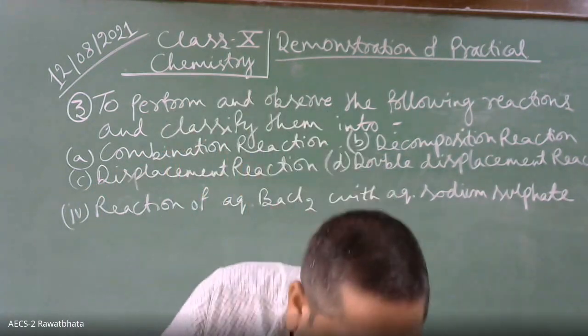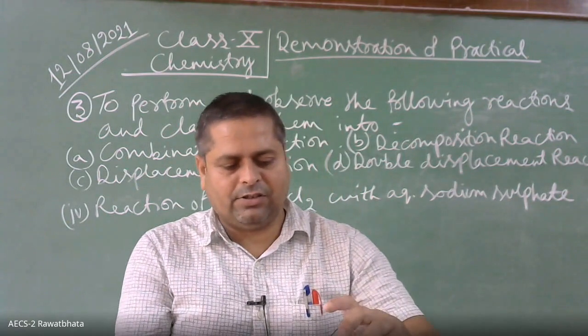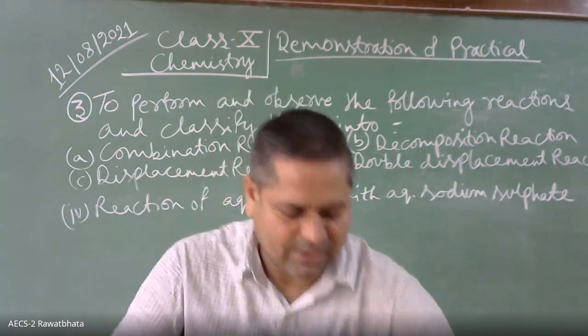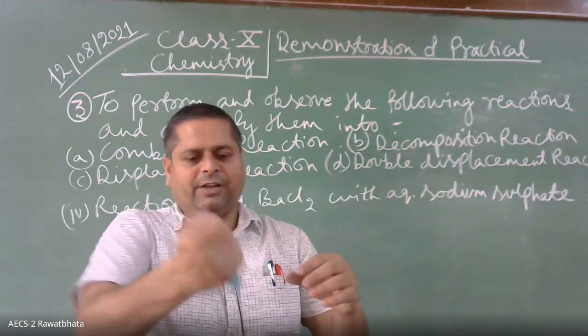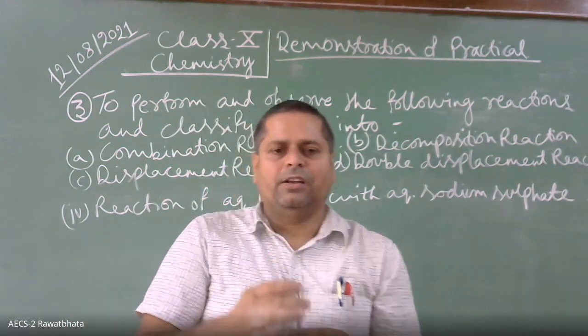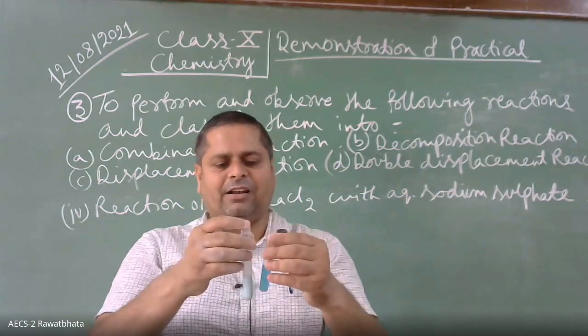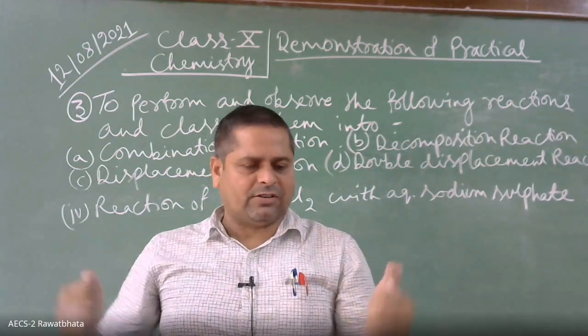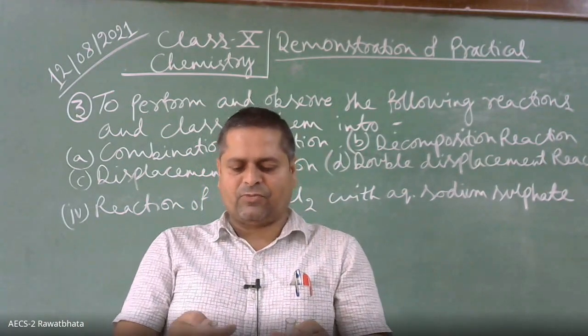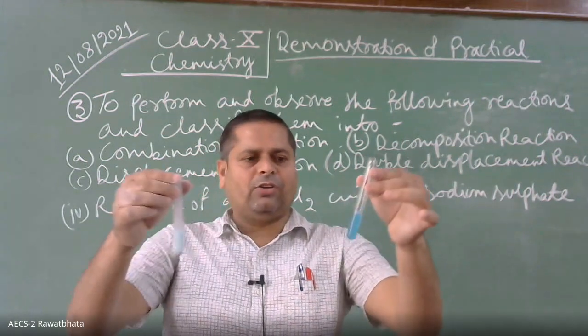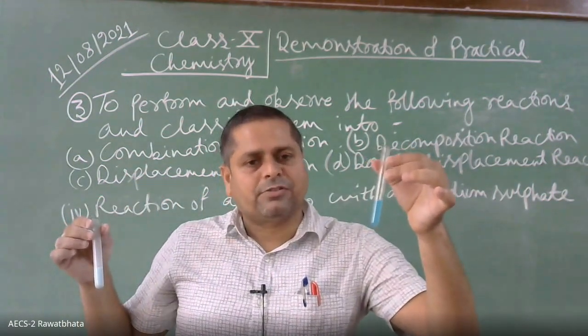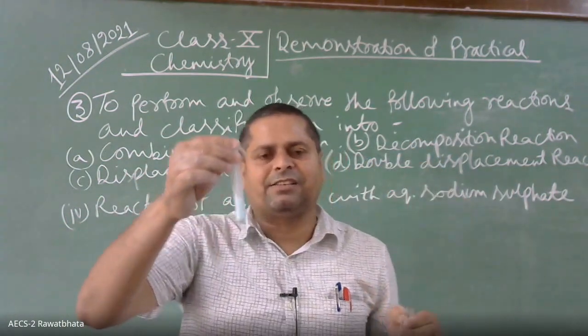We have to make sure the solution is saturated. This bluish color is due to the water I have taken from an aqueous salt solution. Now this is sodium sulfate solution and this is barium chloride.